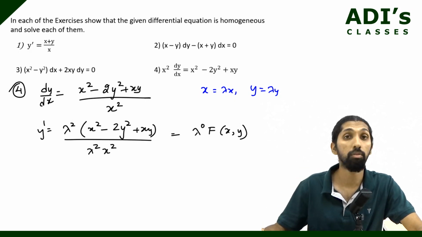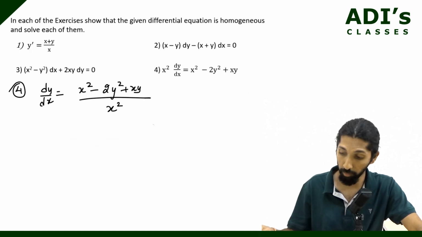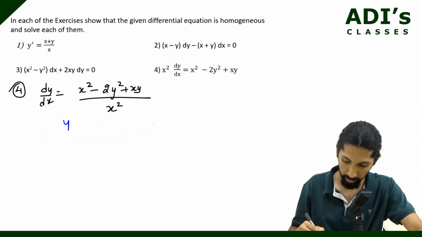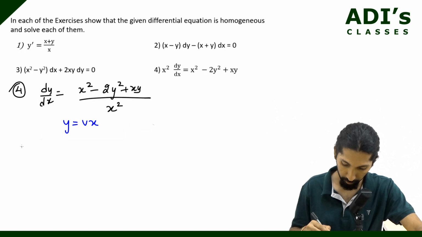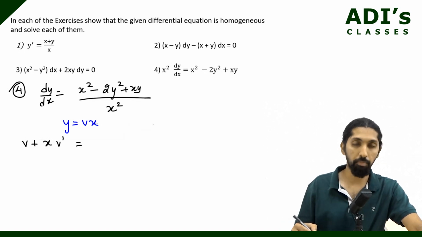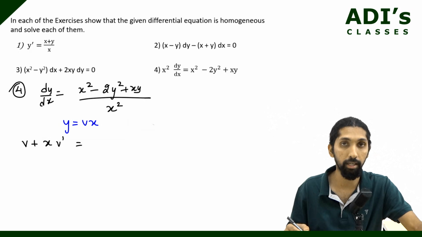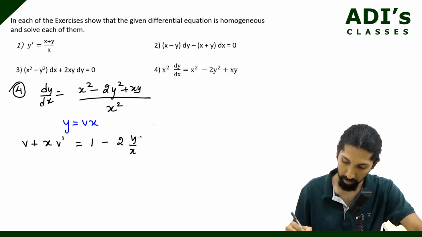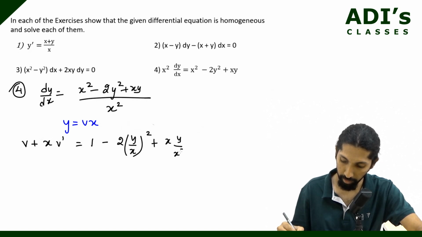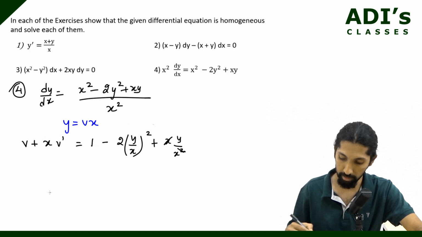So now let's do the solving part. For the solving part, all of you know what we have to do, correct? So what we need to do, y is equal to v into x. Substitute. Here you have v plus x into v dash is equal to, guys, before you go further, like substituting y as v into x, divide individually. That means 1 minus 2 into y by x whole square plus x into y divided by x square, or this x and x cancels, right?